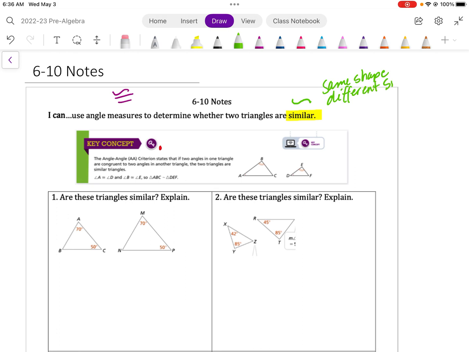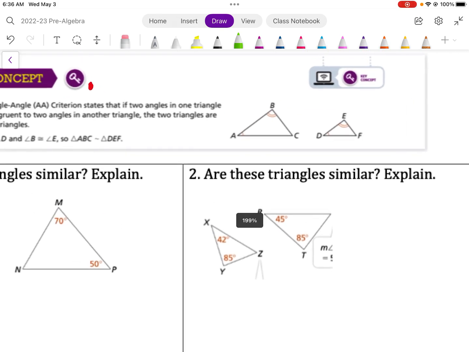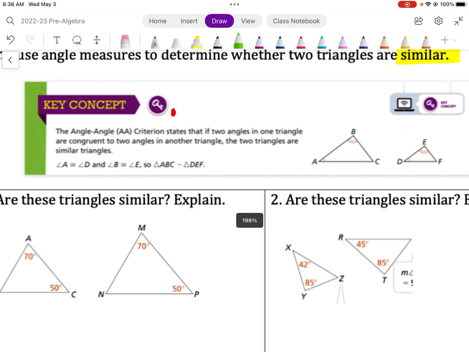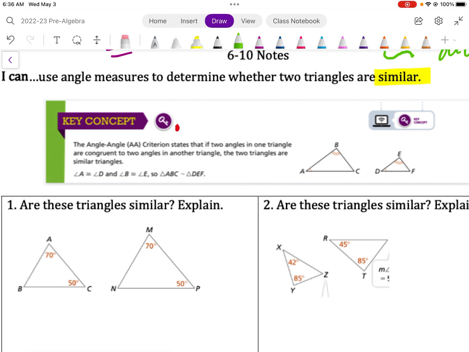We also talked about two ways that we can determine if two figures are similar. So here we're trying to prove today that two figures are similar by using what's called the angle-angle criterion, which basically states that we can prove that two figures are similar by proving that two angles are congruent.